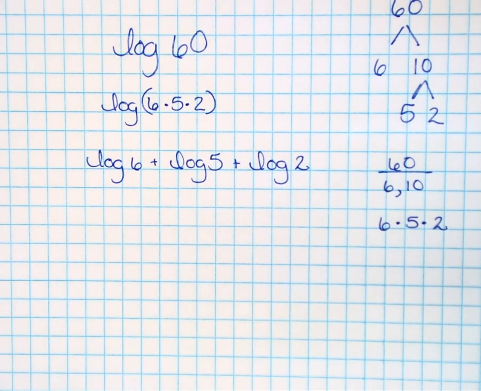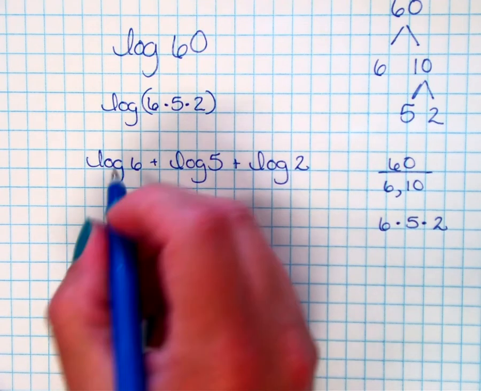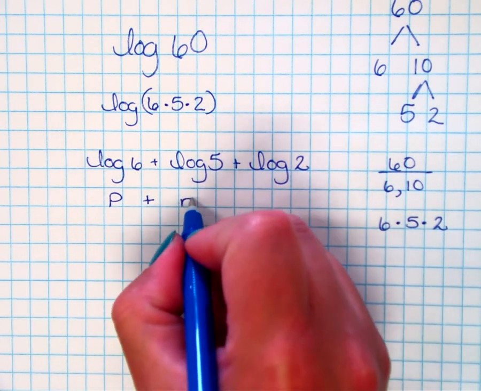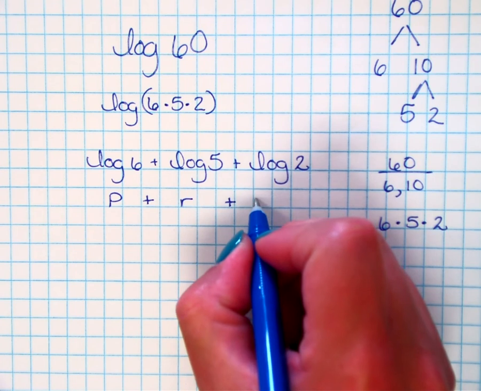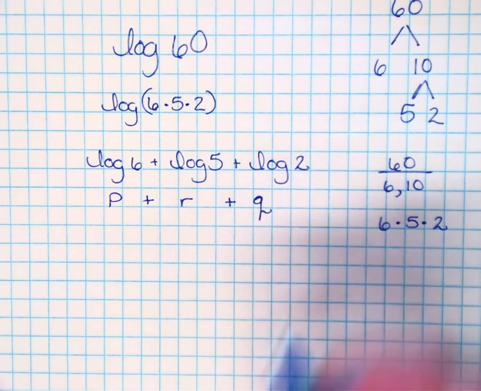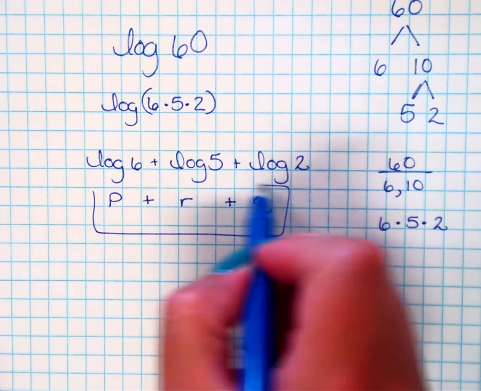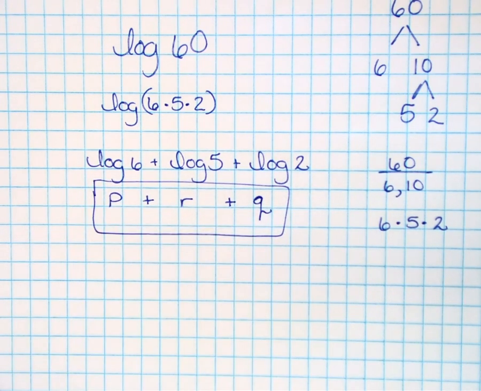And this says write it in terms of P, Q, R. So log 6 has a value of P, log 5 has a value of R, and log 2 has a value of Q. So this is what I want for an answer.